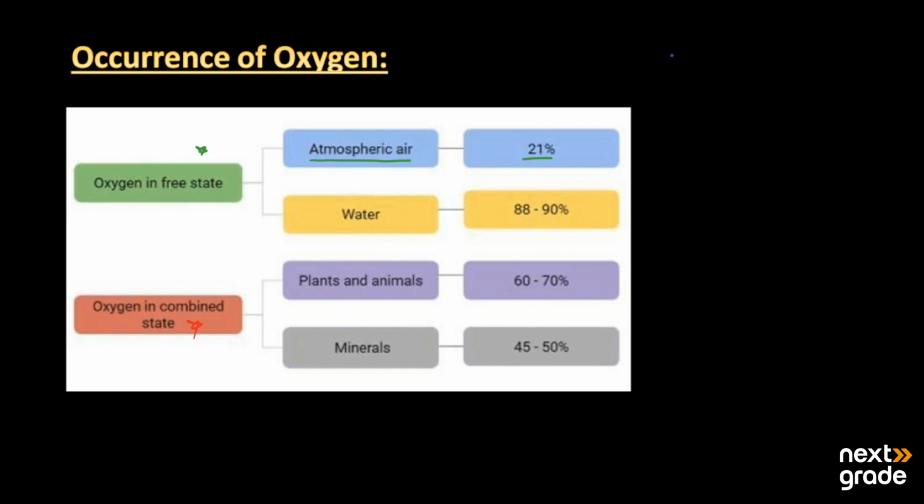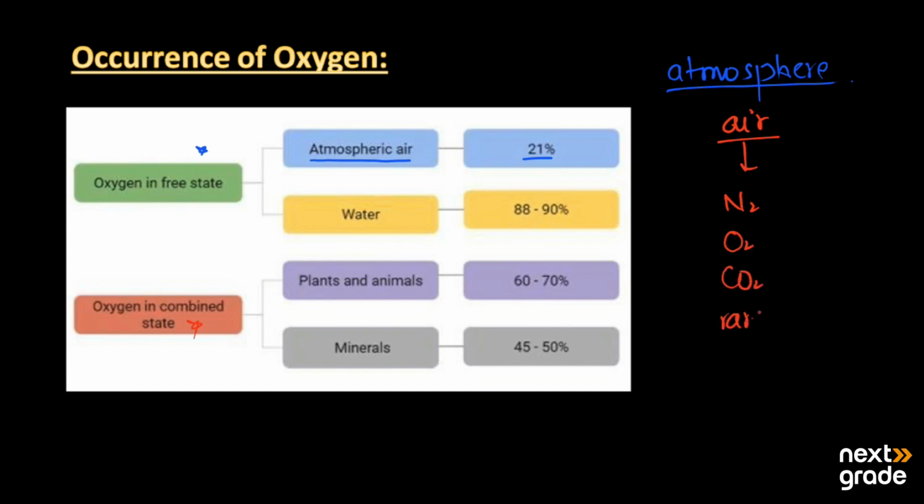If we talk about the atmosphere, it contains air, in which the air's composition consists of nitrogen, oxygen, carbon dioxide, and other rare gases.